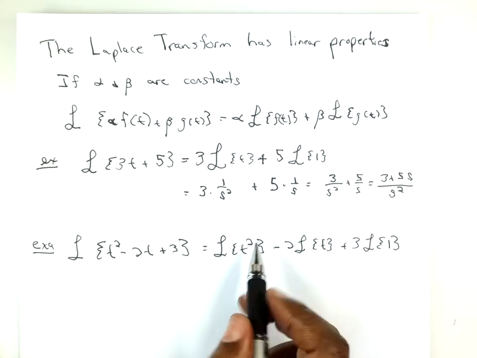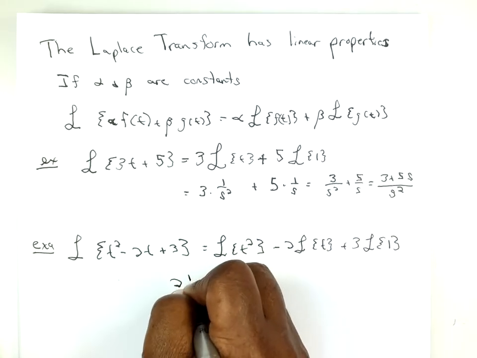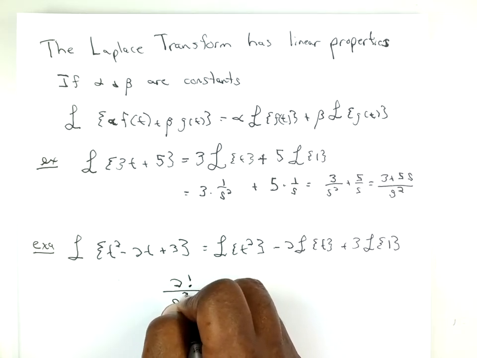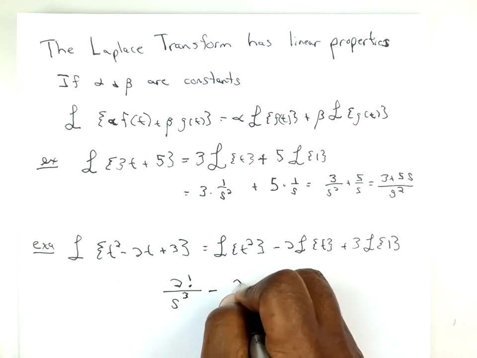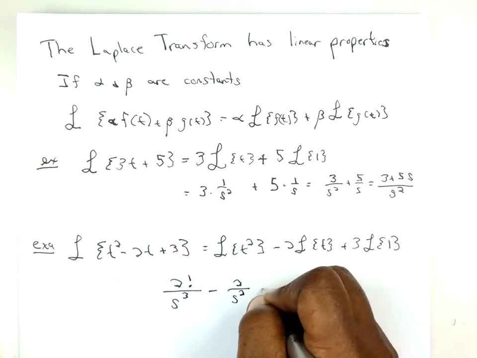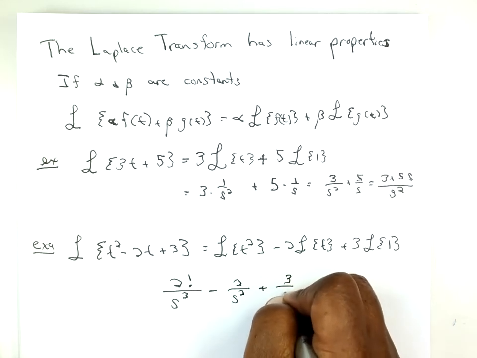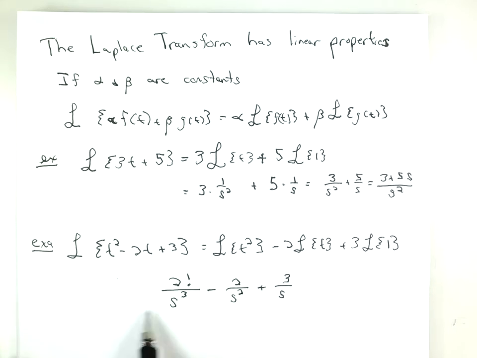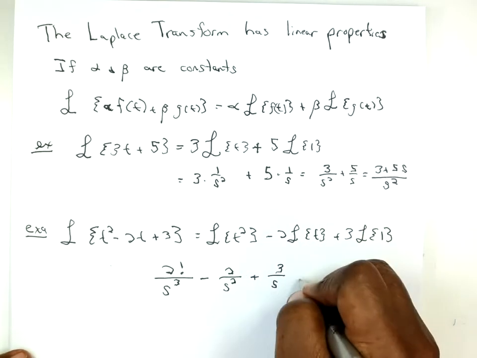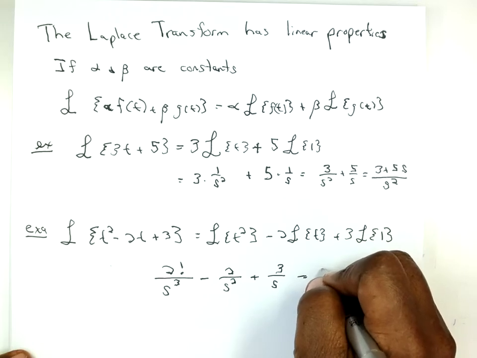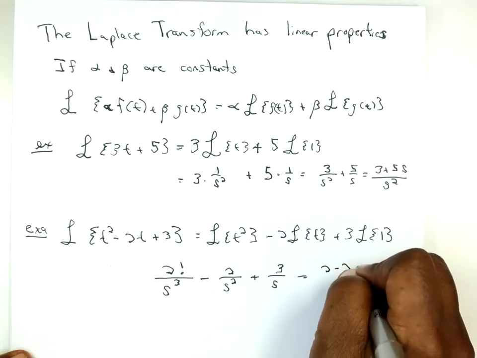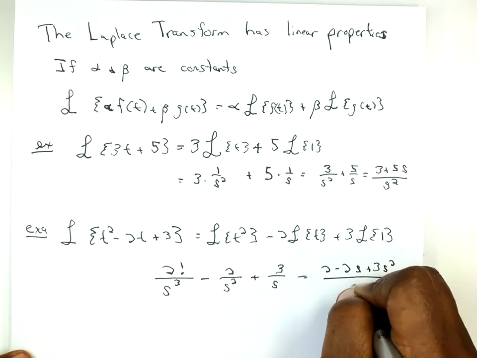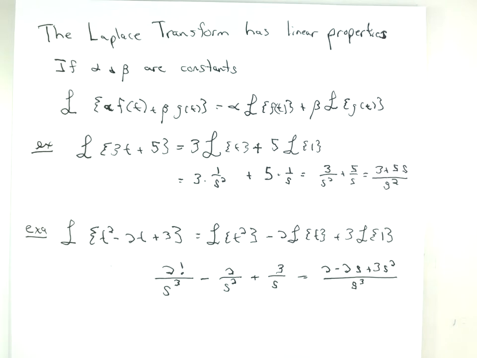So this t squared is 2 factorial over s to the n plus 1, so s cubed, minus 2 over s squared plus 3 over s. So again, I can get a common denominator and pull them all together. So s cubed is the common denominator. So I get 2 minus 2 times s plus 3 times s squared all over s cubed.